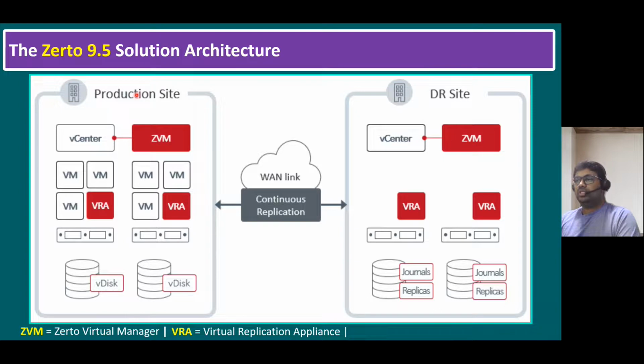It's applicable for both sides, production site and DR site, so that if we create a virtual protection group, all the protection groups will be continuously replicated to the DR site. So in case of any disruption, we can recover very quickly. That is the intention of the solution architecture.